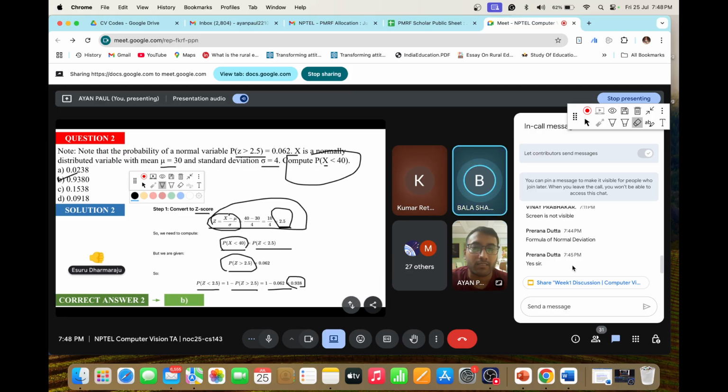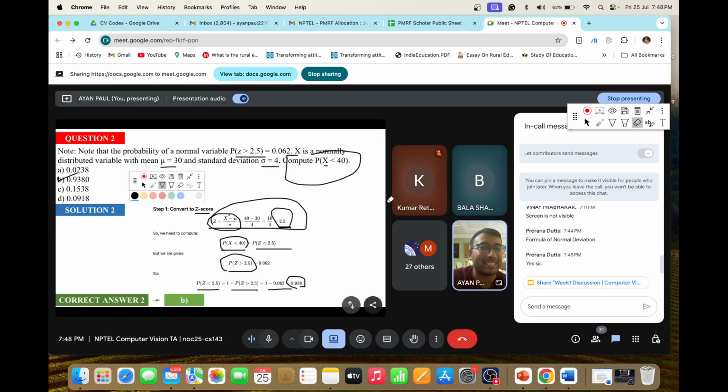So how do we calculate in-between values? Suppose you have to compute the probability that x is in between two values, say 36 less than or equal to x less than 40. How can we calculate that? The z score is effective when you need to calculate lesser than or greater than values.